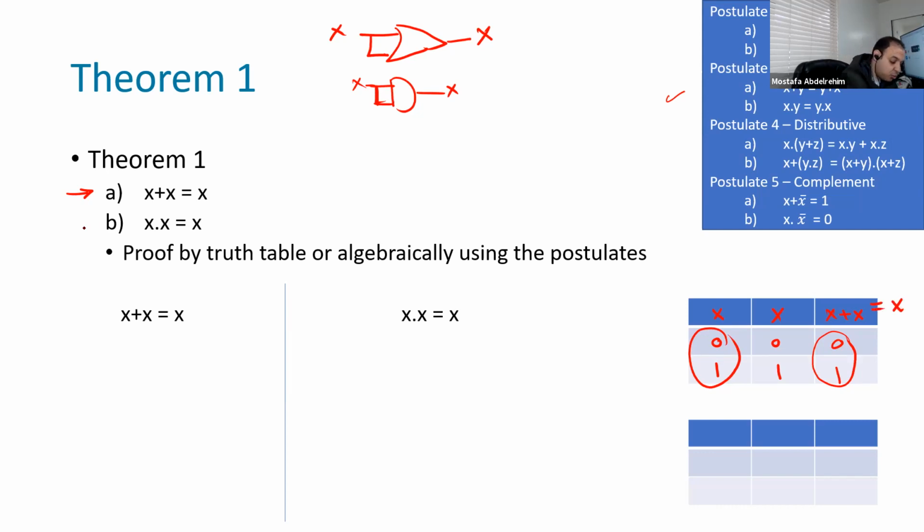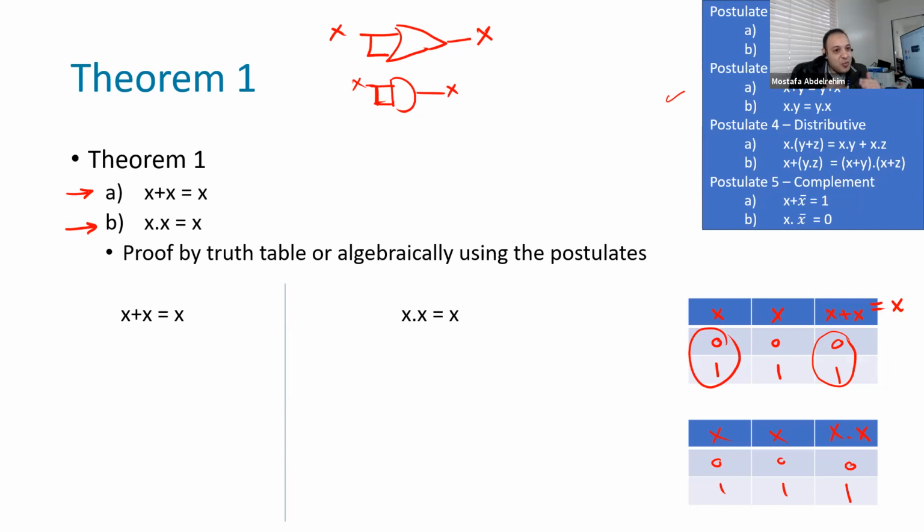And if we try to prove x dot x equals x, or x and x equals x, using a truth table, we have the same thing: x is 0, 1, and here is x dot x. So 0 and 0 is 0, 1 and 1 is 1. Maybe some will ask, we have here 2 variables, not 1. No, it's 1 variable.